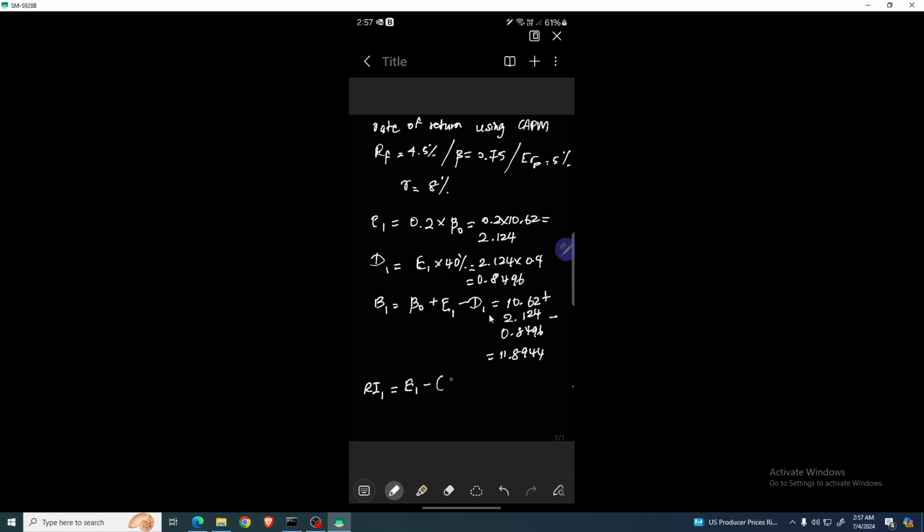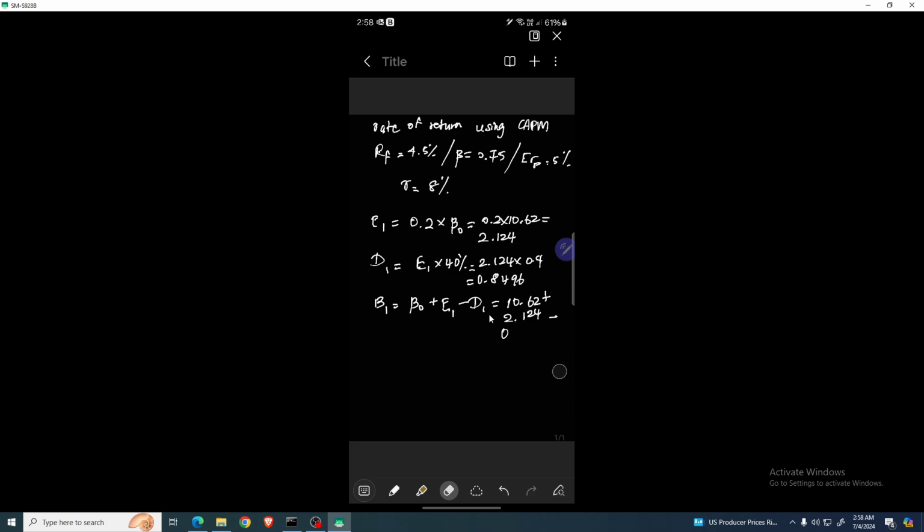And finally, we come into the residual income of year one, which is going to be again earnings for year one minus rate of return into beginning book value. And then you have your earnings 2.124. We have calculated this to be 8% into 10.62, and this equals 1.2744. So the only addition was the dividend in this case, which is a considerably easy example.